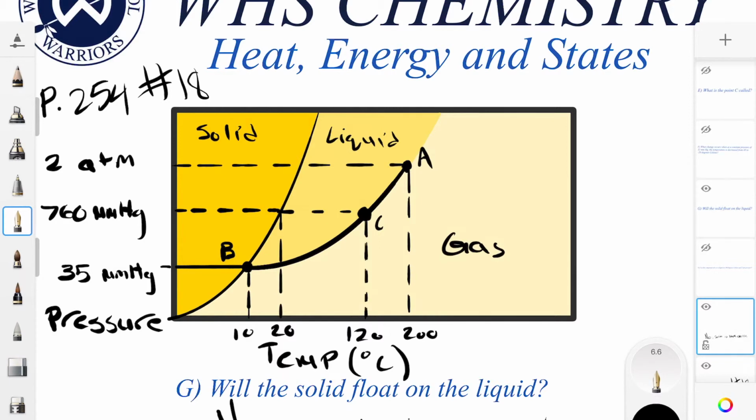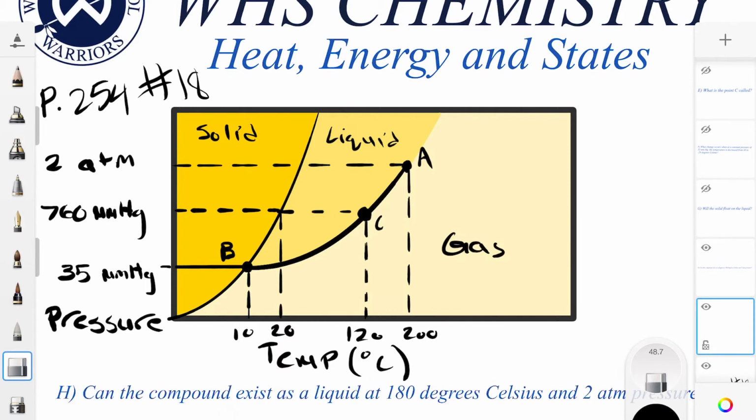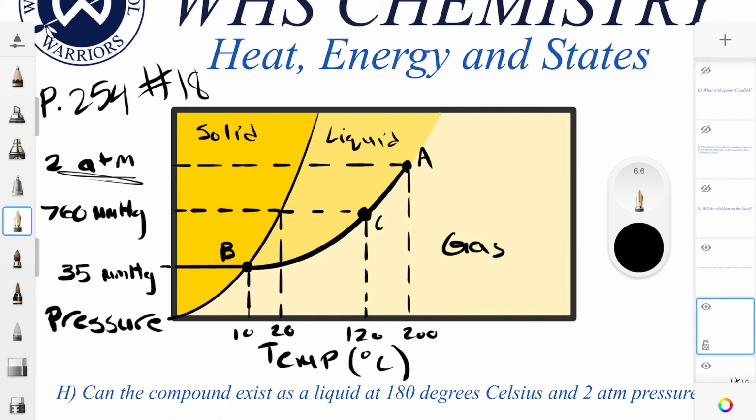Okay. Now for the last problem, we are asked, can the compound exist as a liquid at 180 degrees Celsius and 2 atm pressure? So let's find this point in the graph first. So 2 atm of pressure here is the highest point on the y-axis. And now we want to find the temperature.